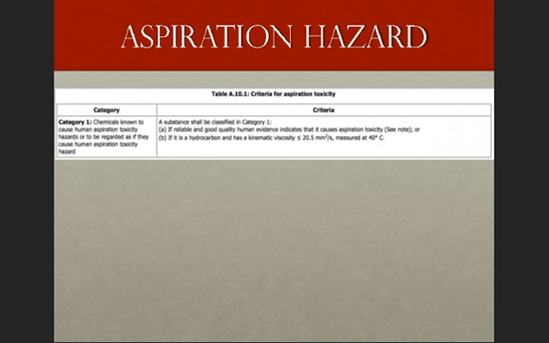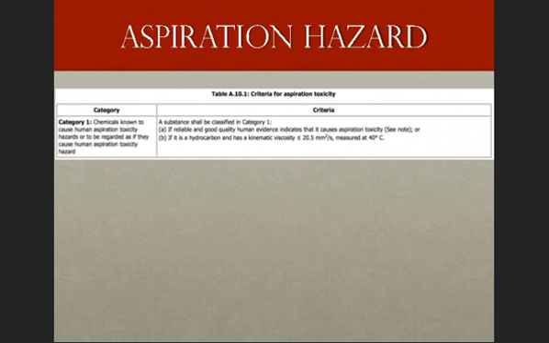Aspiration of a substance or mixture can occur as it is vomited following ingestion. This may have consequences for labeling, particularly where, due to acute toxicity, a recommendation may be considered to induce vomiting after ingestion.